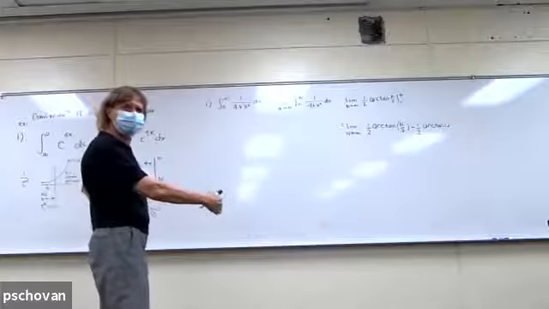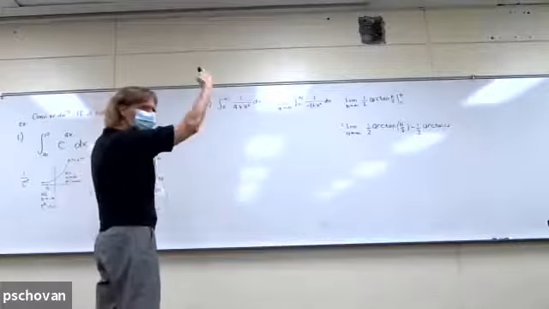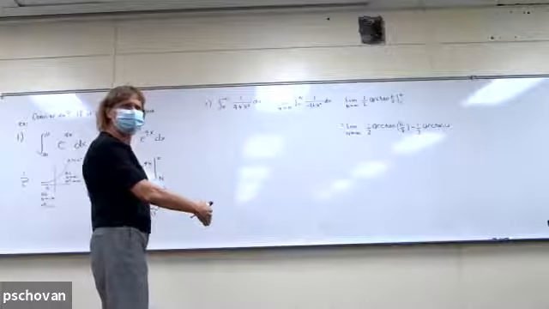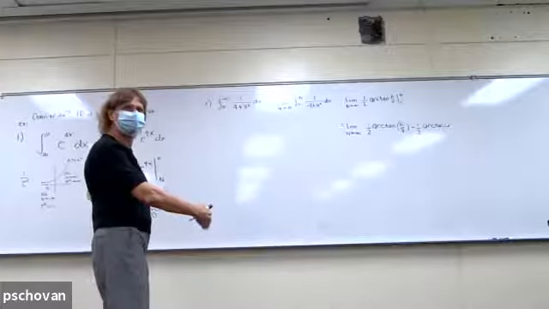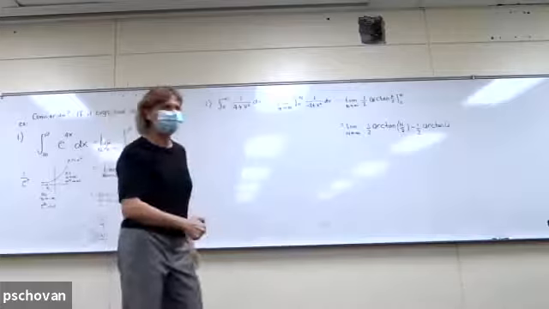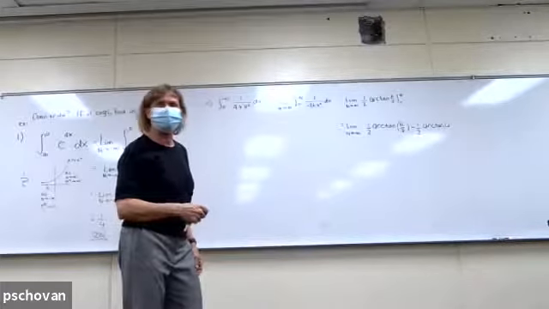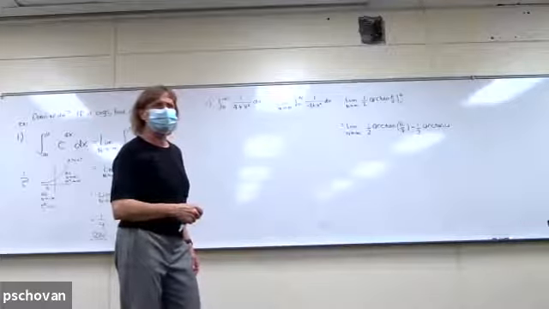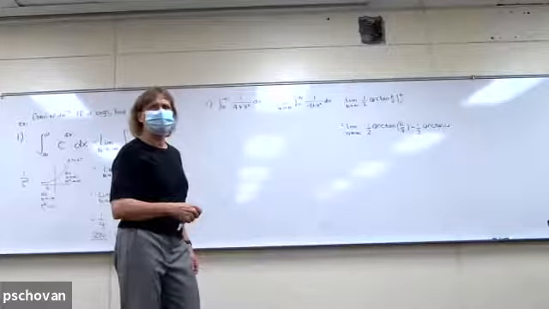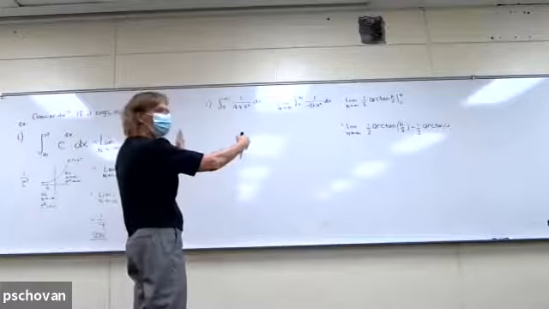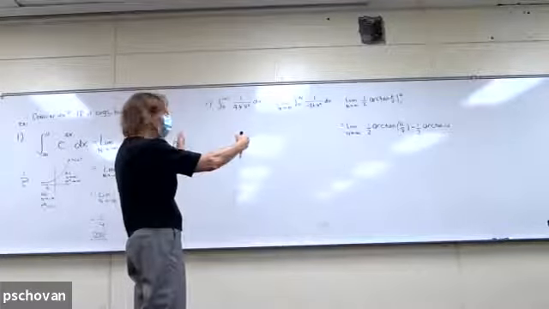Can you give me some adjacent vertical asymptotes of the tangent function? Tangent is sine over cosine. Where's cosine 0? The pi halves-ish, right?